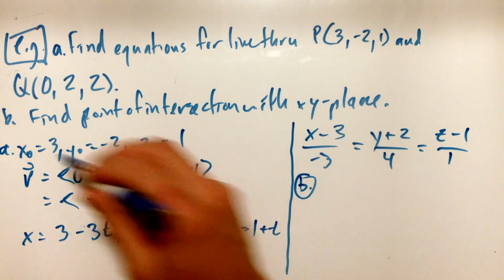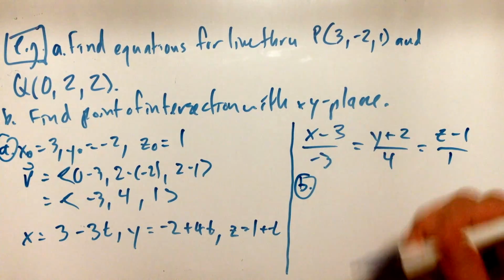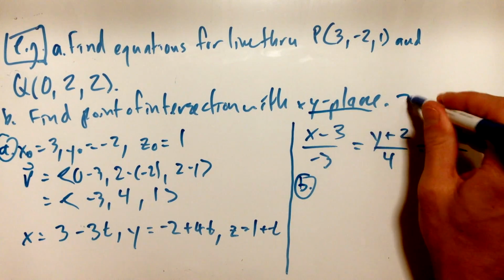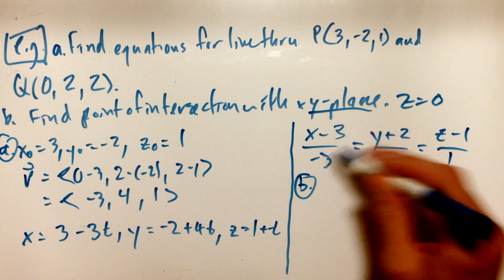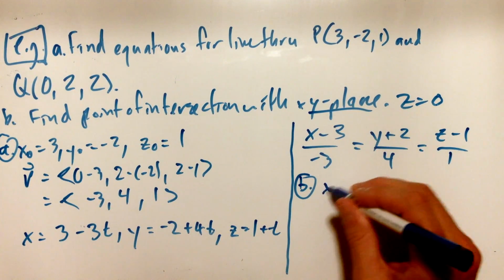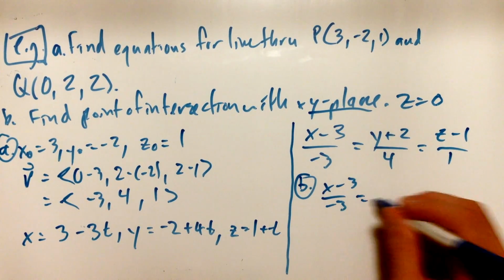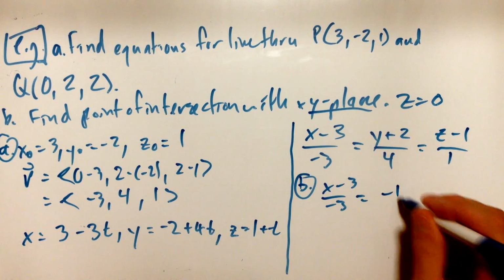Let's do part B. For part B, we know that the xy plane is where z is equal to 0. So we've got that, great. Now let's plug that into here and figure out what that means over here. So for example, (x minus 3) over -3 is equal to, when I plug 0 into here, (0 minus 1) over 1, which is just -1.